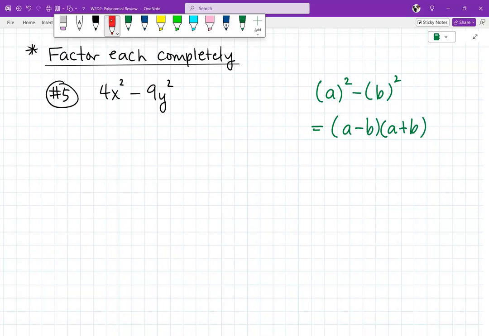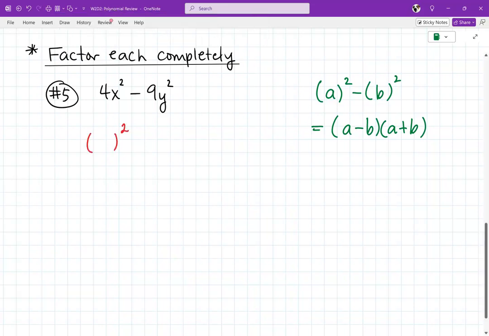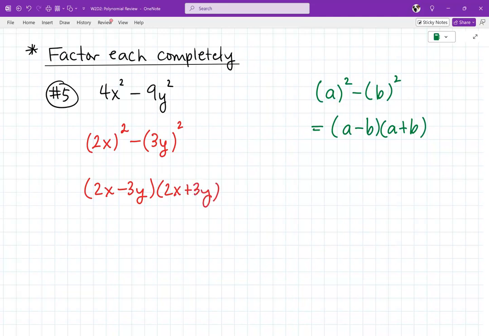So I have to ask myself, what squared is 4x squared? Well, 2x. What squared is 9y squared? 3y. So once I have that done, then all I have to write is just 2x minus 3y, 2x plus 3y. It's really pretty simple.